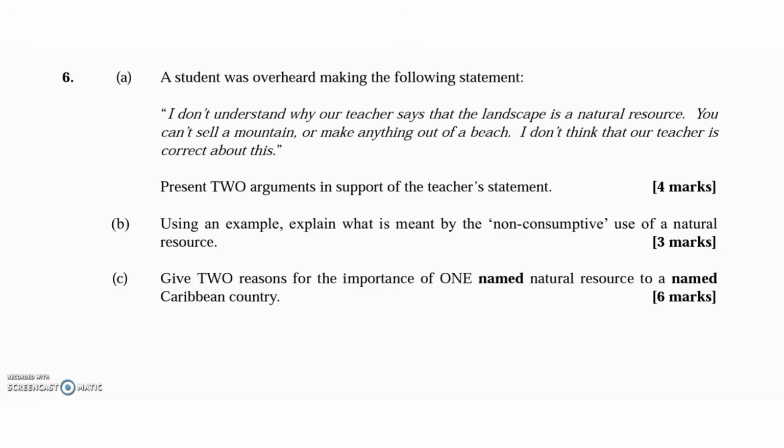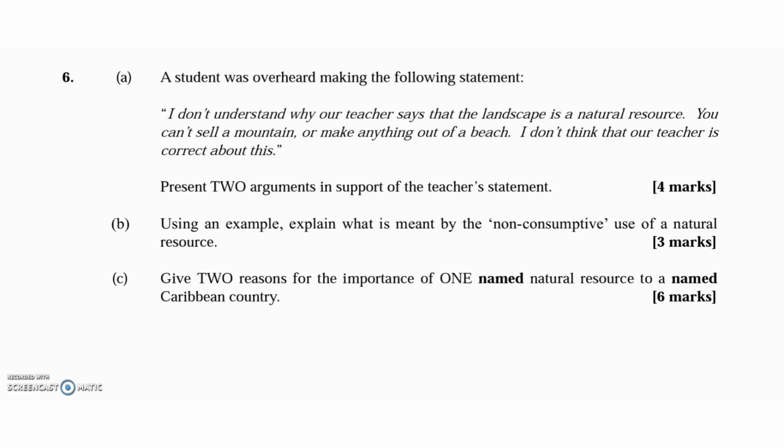In the second argument, I'd like to highlight first and foremost that the student indicated that you can't sell a mountain. Now, even though you cannot sell a mountain, you can actually extract resources from a mountain which can be sold. For example, aggregate or building materials are often associated with mountains, inclusive of rocks and boulders, of significant value in terms of the construction industry.